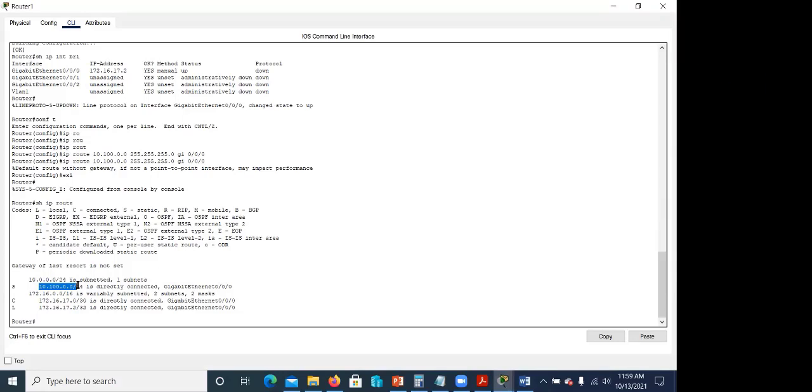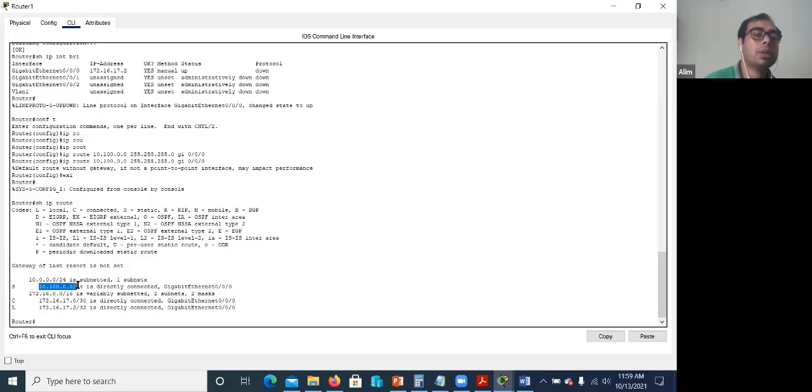Okay, I forgot to run this command before executing routing command. You would have got it blank. Okay, but as we run this IP route command, it is an instruction to the router how to reach your target network. Okay, your target network here is 10.100.0.0.